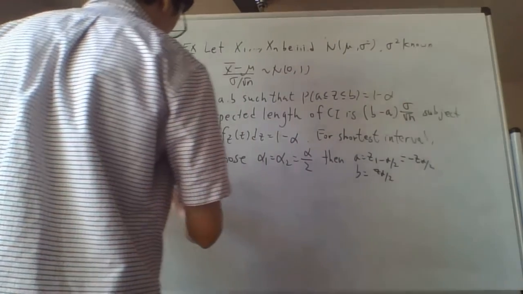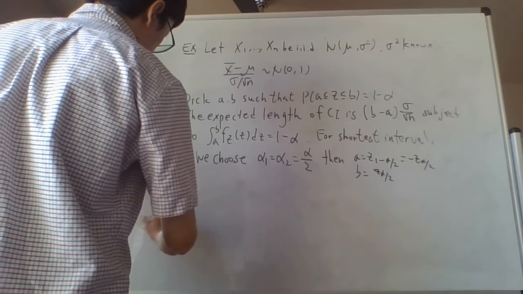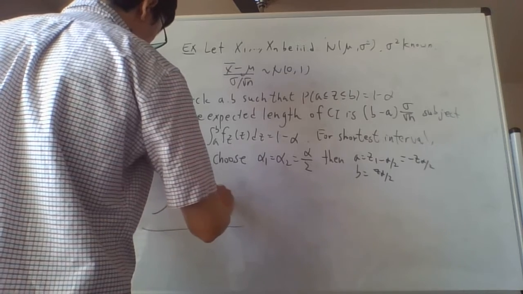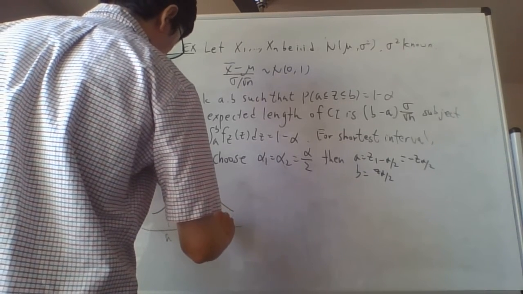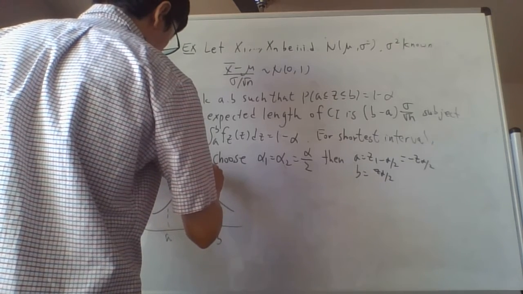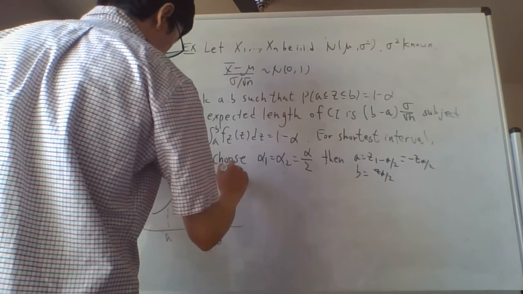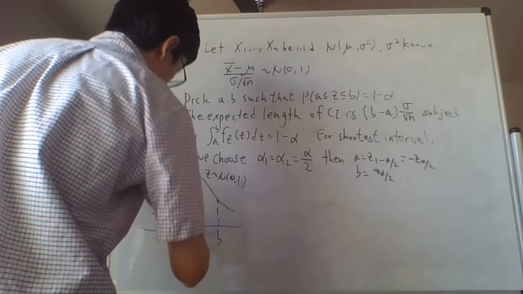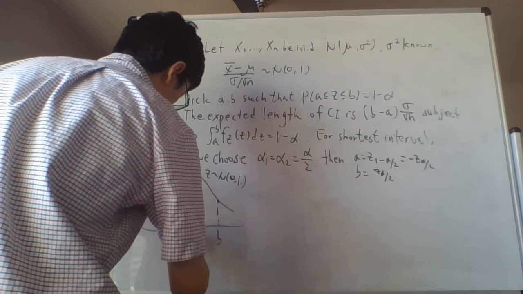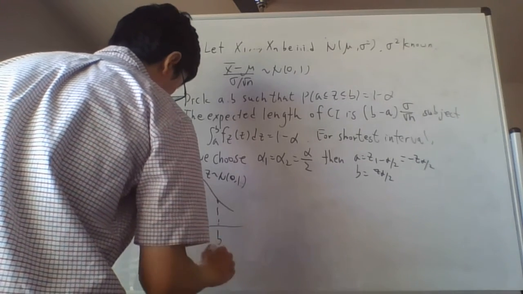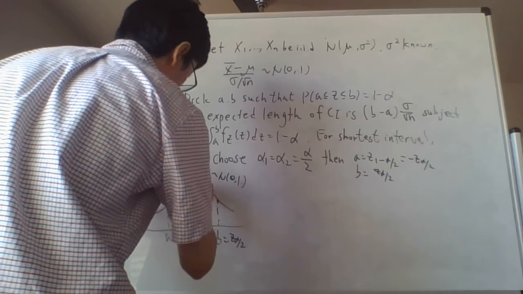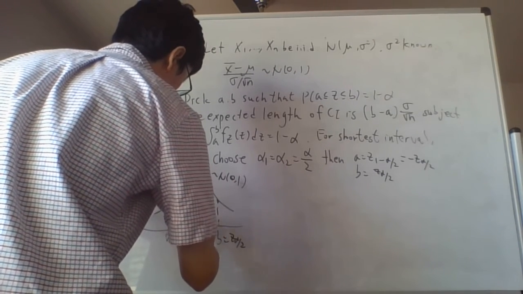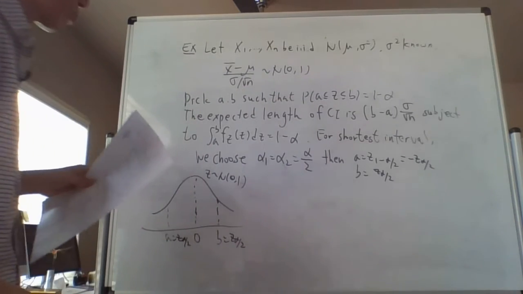So for Z normal 0, 1, your A is minus Z alpha by 2, B is Z alpha by 2. We have a mode at 0.